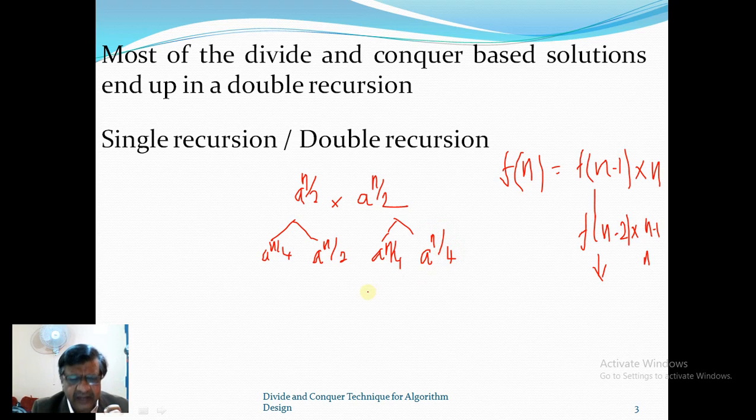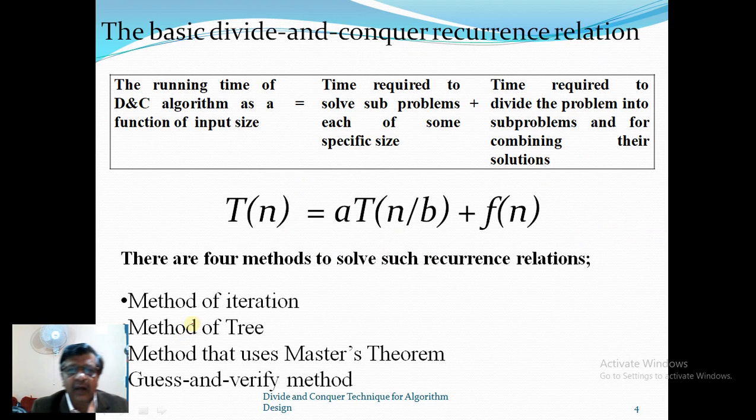Therefore, all the divide and conquer solutions, or all the algorithms, will have a way in terms of double recursion, and they grow like a tree. And we can develop a tree of recursive calls. Now, the basic divide and conquer recurrence relation.